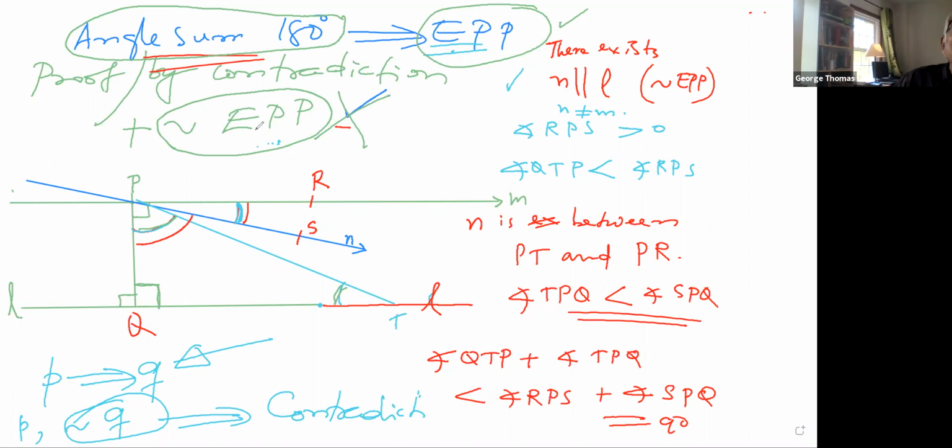So we thus proved that the angle sum is 180 degrees in a triangle if and only if EPP. Wow.